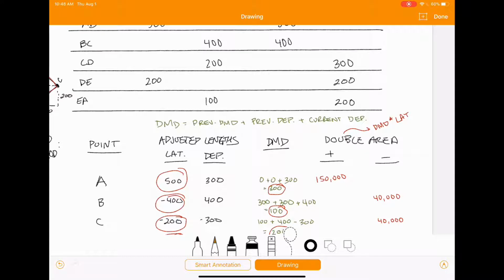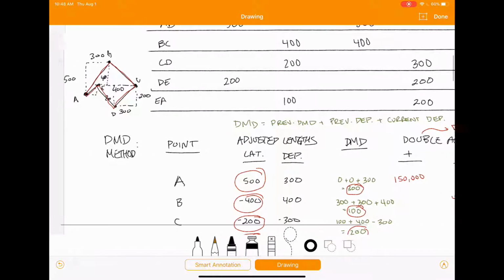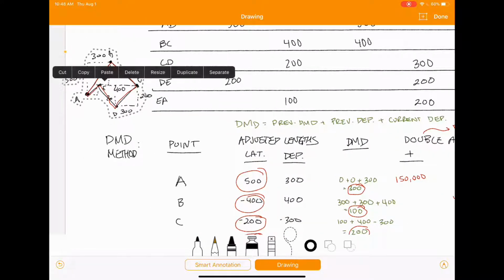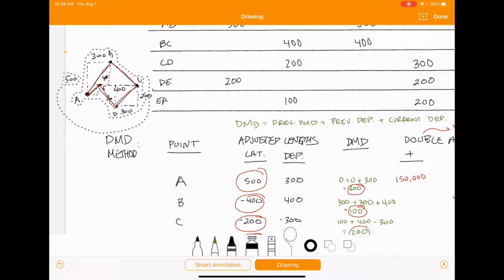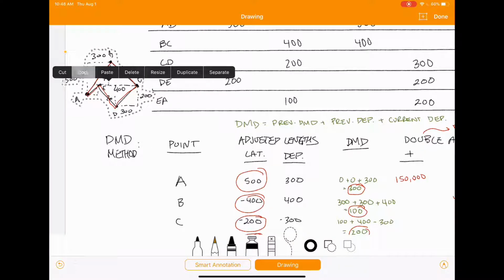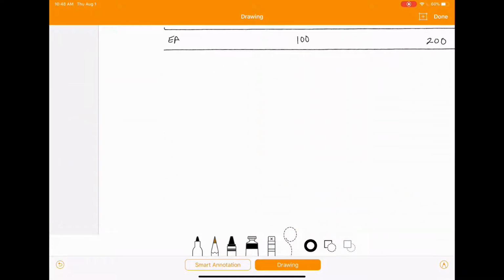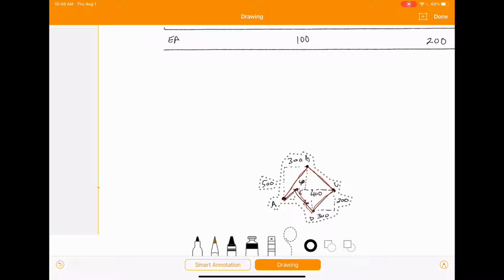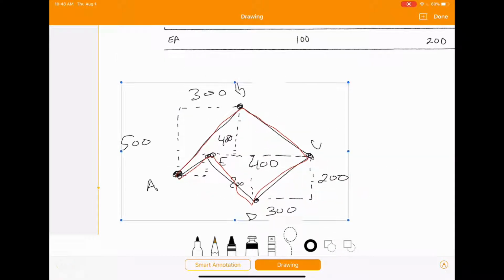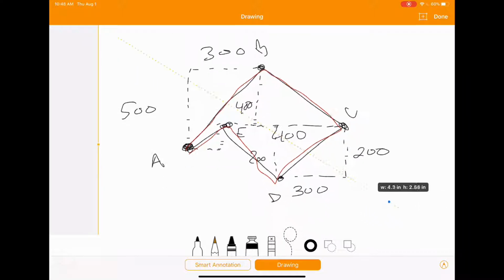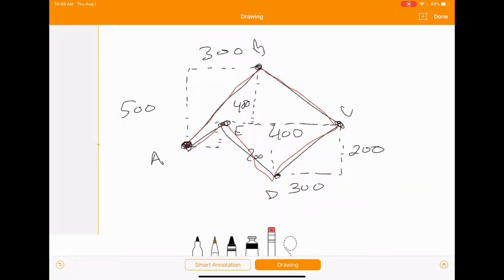Let's go ahead and bring down what we drew of our traverse as well. Let's resize that. Let's make it a little bit bigger. All right, let's go ahead and erase some of this stuff in here.